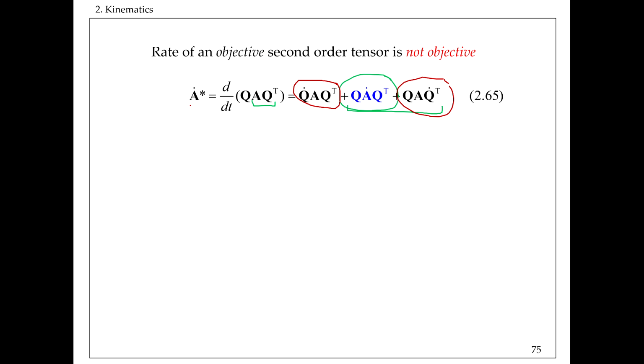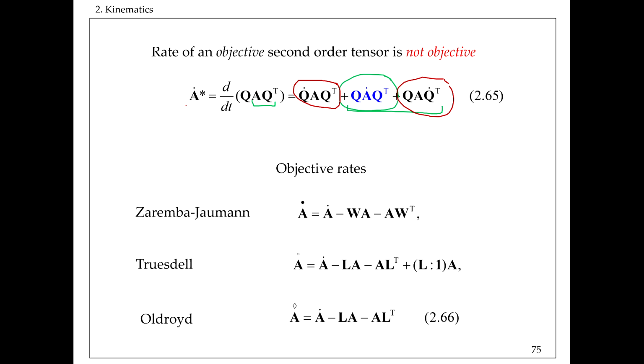So it is not, and therefore there was a development and a need to postulate objective rates of second order tensors. We are not going in depth, just giving examples of objective rates that were proposed with different names, such as the Zaremba-Jaumann objective rate of a second order tensor, Truesdell and Oldroyd.